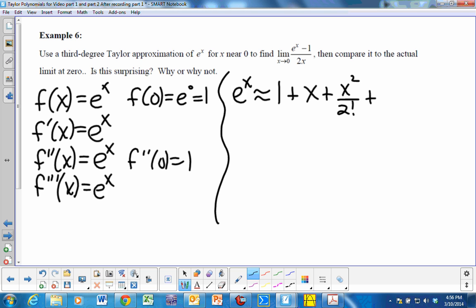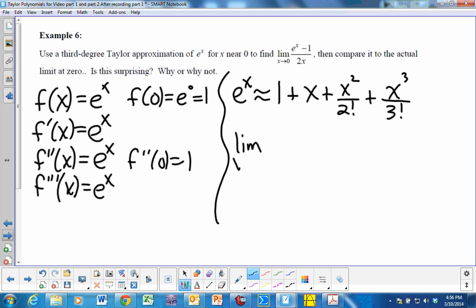Then when you get to the third derivative, your coefficient is 1 again, and it's going to be x cubed over 3 factorial. So you can see the pattern very quickly on that one. You could go further and further and further, but right now we just want the third degree one. So we know that e to the x is approximately equal to this.